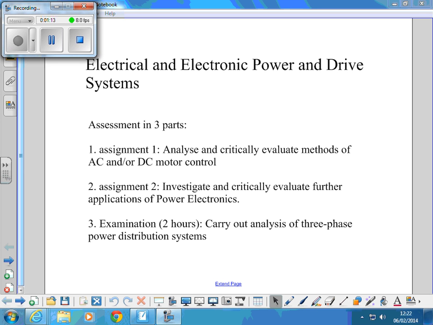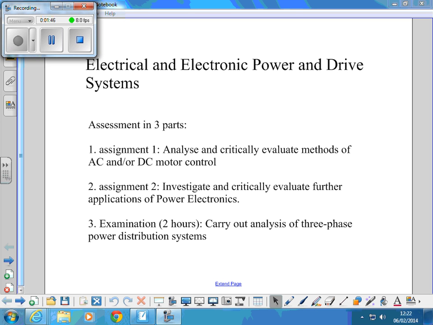In the past I've picked a range of different things, DC converters, induction heating, to look at induction heating of bearings for fitting them on shafts and that type of thing, and how those systems work. Again, there'll be an assignment, a bit of working class, a bit of guidance as to where to look for information. Beyond that, I'll be asking you to research it and suggest a solution for a particular problem.